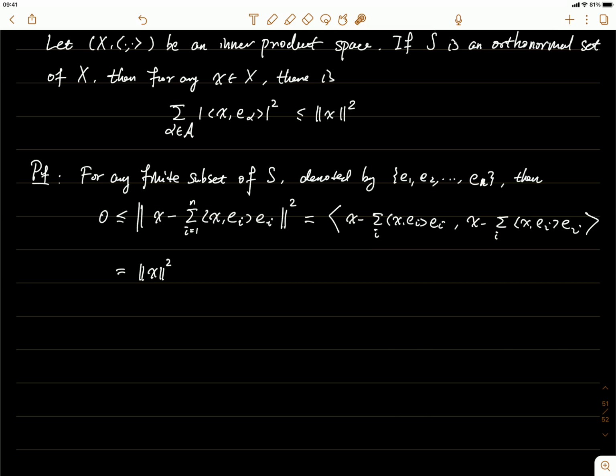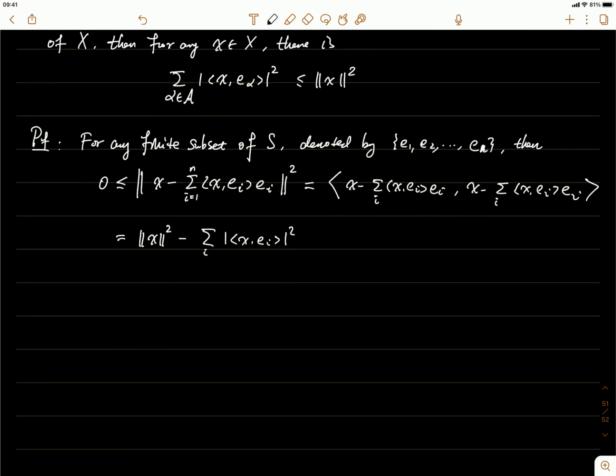But all these three terms are the same, so you essentially just subtract one of them, and that becomes minus the sum over i of the inner product of x and e_i, squared. Okay, it's pretty easy to show. And since this is greater than or equal to 0, we know that the Bessel inequality holds, which is the one here. Okay, so that's for the Bessel inequality.